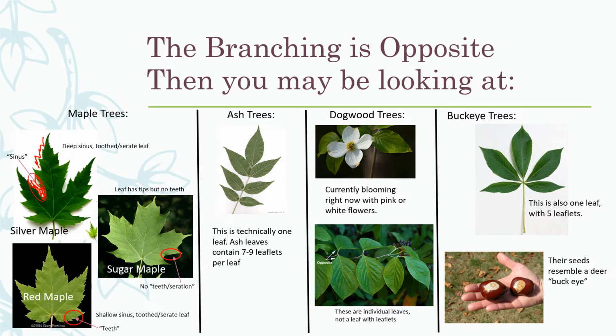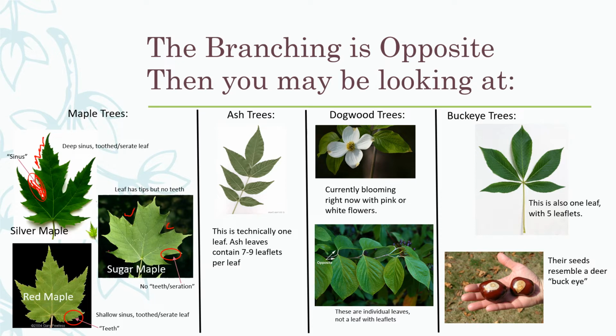Then there's sugar maple. So if you have a leaf that really reminds you of the leaf on the Canadian flag, and Canada reminds you of maple syrup, and syrup is sweet, just like sugar, well, it's a sugar maple. Some nuances for the sugar maple leaf is its sinuses tend to be curved, okay? Not V-shaped, but curved.